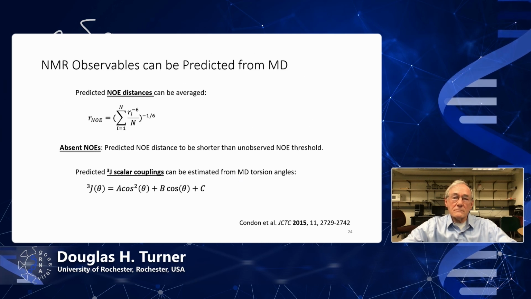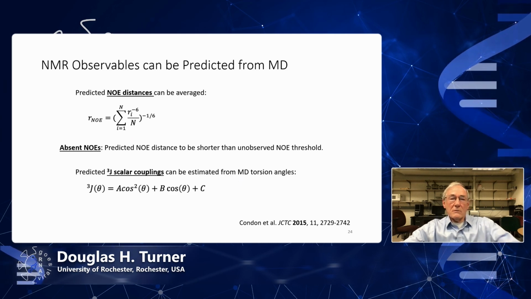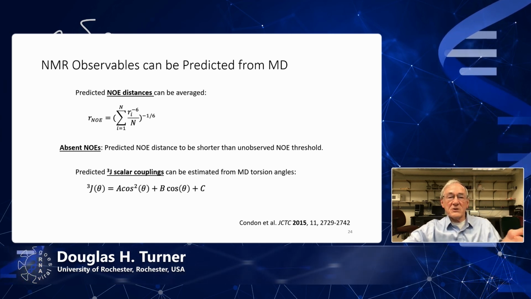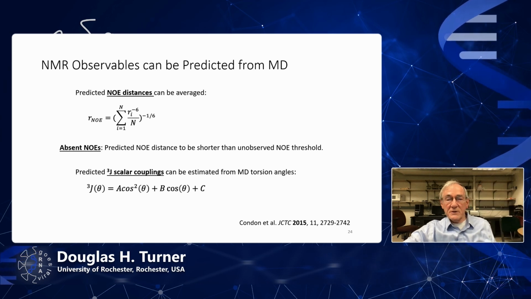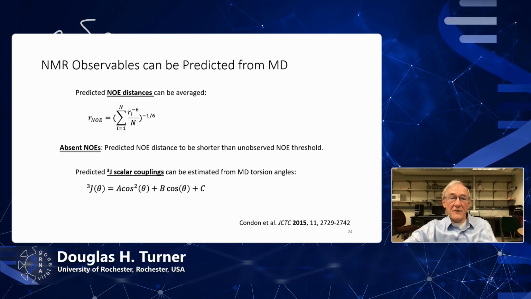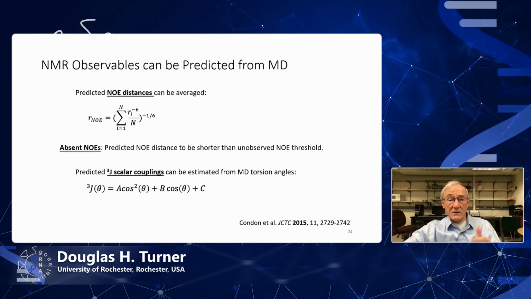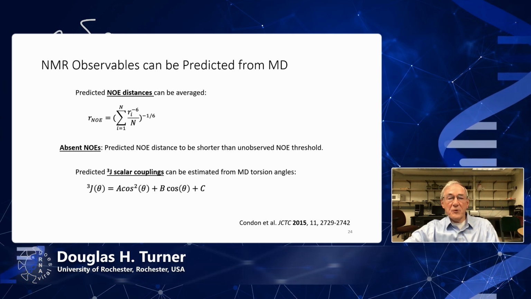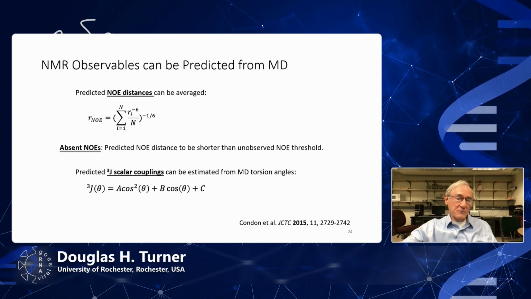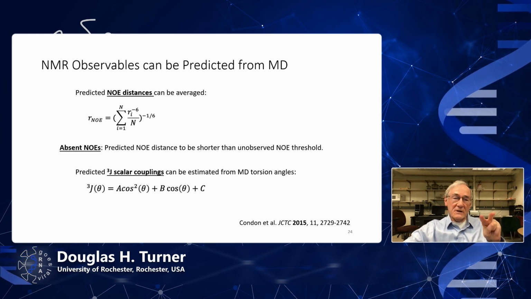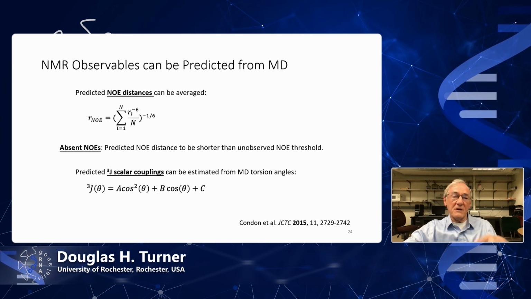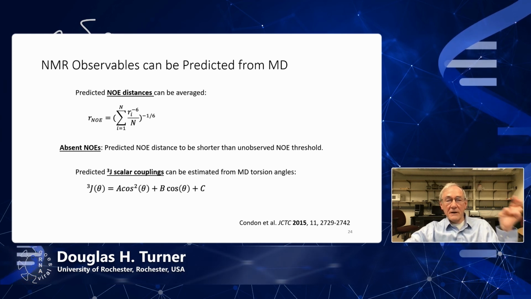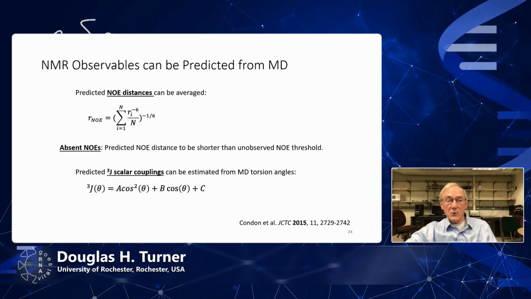Okay, so as I've already sort of implied, from the simulations you can see distances between protons. What you have to do to compare to NOEs, to NMR spectra, is to go through every frame and predict the distance between each proton, essentially, or ones that are reasonably close, where you would expect to see an NOE, how close they are, and therefore how large an NOE you expect from that.